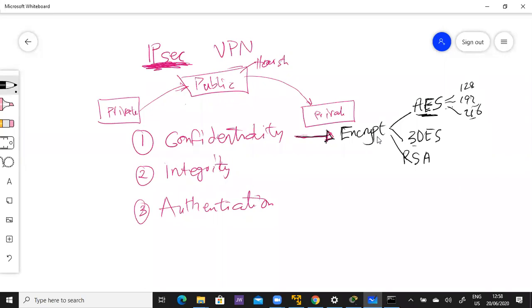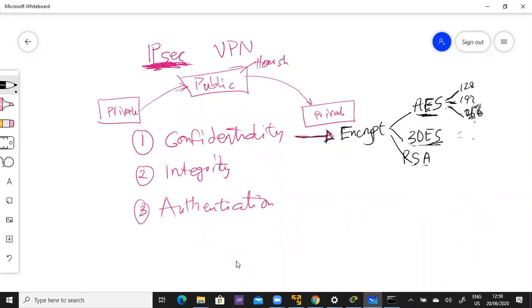So AES 128 bits will not be as strong as AES 192, followed by AES 256. So this one is the strongest. So if you need a very strong encryption algorithm, you can choose AES 256 bit. Same way we have 3DES, it's also an encryption standard, and the differences are there. RSA, they're all there. You can read about them.